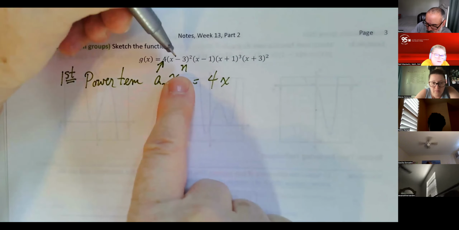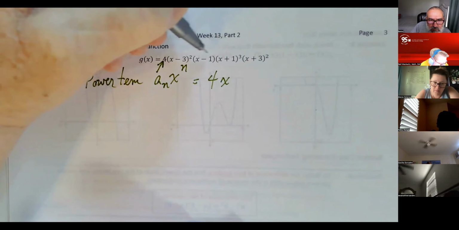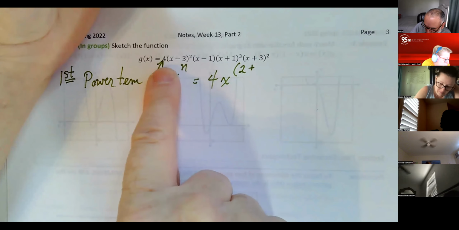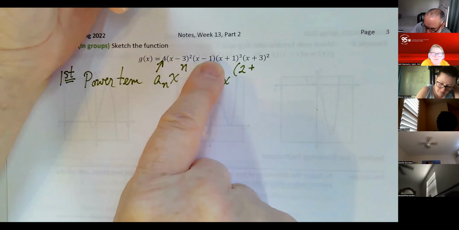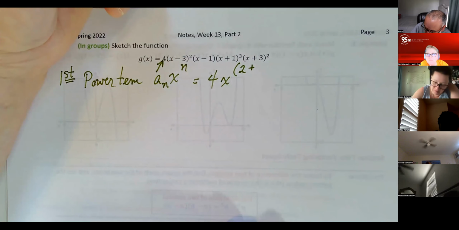And n, if it's in factored form, n is going to be the sum of all those exponents. So it's going to be 2 plus, because the factor x minus 3 is squared. What about the factor x minus 1? What is its exponent? 1.